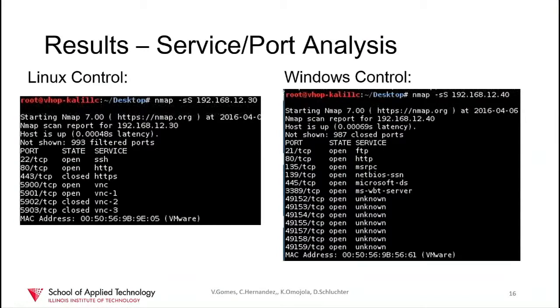So these are our two control machines. What we did is we just took the Linux control, the CentOS box, and the Windows server. We turned on IIS, so the FTP and the HTTP, and we installed VNC, SSH, HTTP as our control services, and didn't lock down anything else.